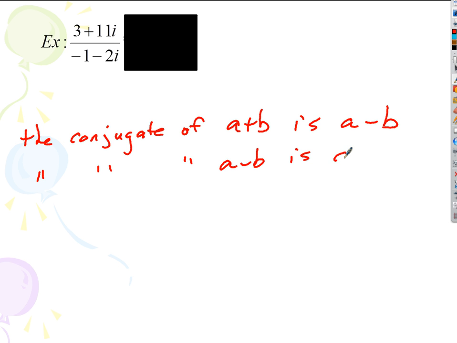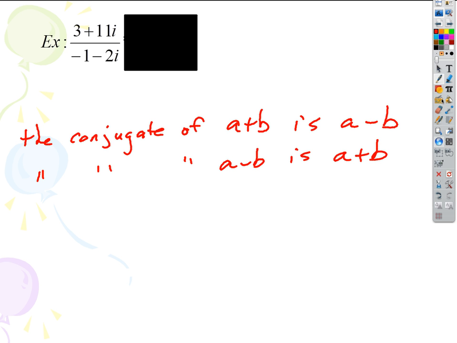A plus B. All you do, if I'm adding or subtracting two terms, the conjugate is just going to be the other one. If they're being added, I'm going to subtract them. If they're being subtracted, I'll add them. Okay? So then, for doing a problem like this, we're just going to multiply top and bottom by the conjugate of the bottom, which we call the complex conjugate because it's a complex number. That's the only reason it's a complex conjugate. It's got an i in it.